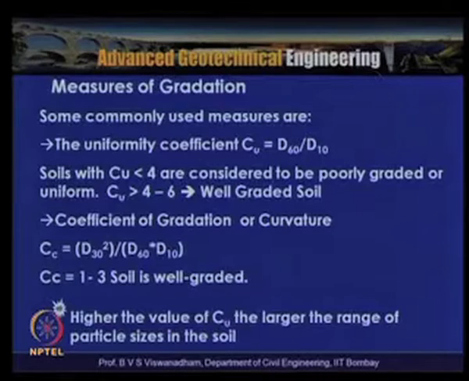Cu greater than 4 to 6 is called well graded soil, and the coefficient of curvature is Cc, equal to D30 square divided by D60 into D10. If Cc is 1 to 3, and the Cu value is greater than 4 to 6, then the soil is said to be well graded.